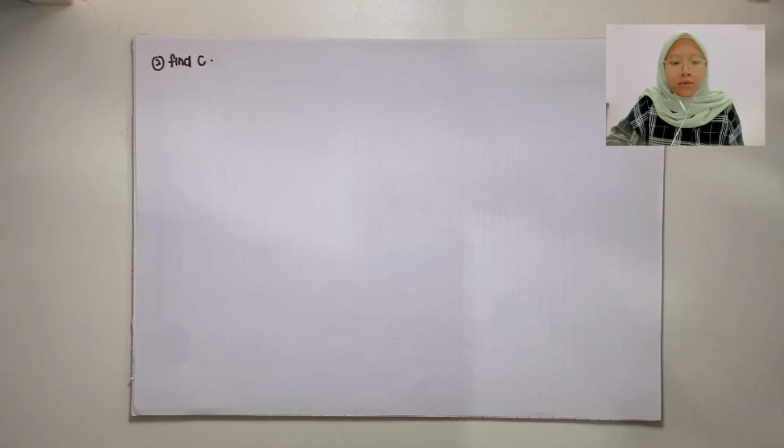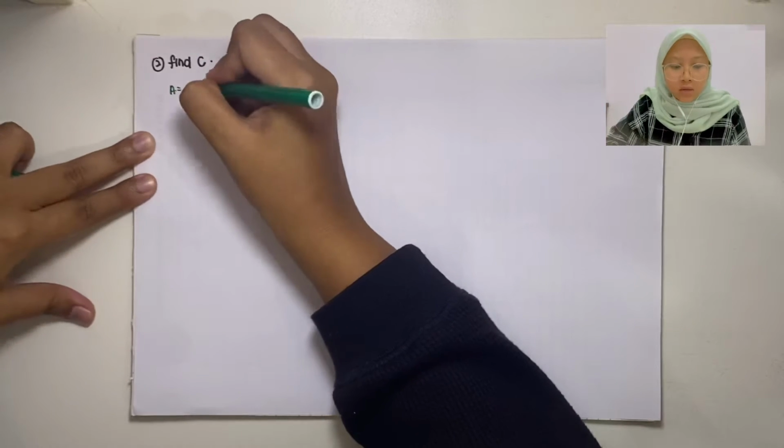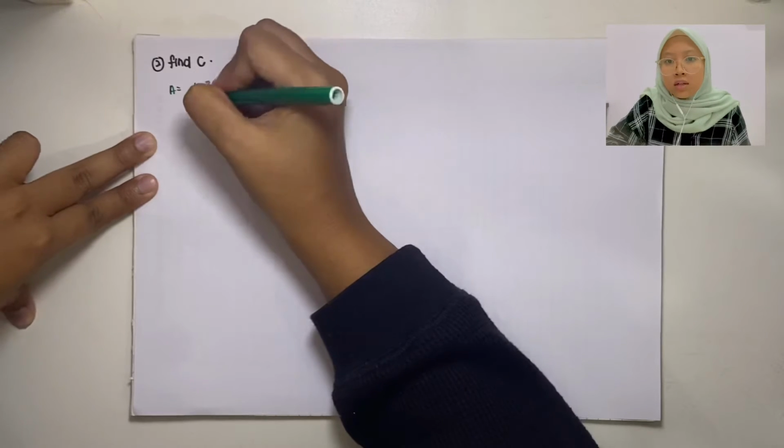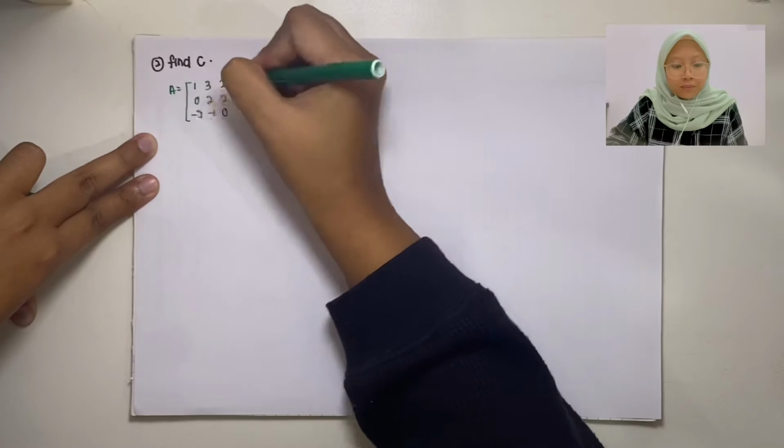So now we move to the next step, which is find the cofactor matrix. A equal to 1, 3, 2, 0, 2, 2, negative 2, negative 1, 0.